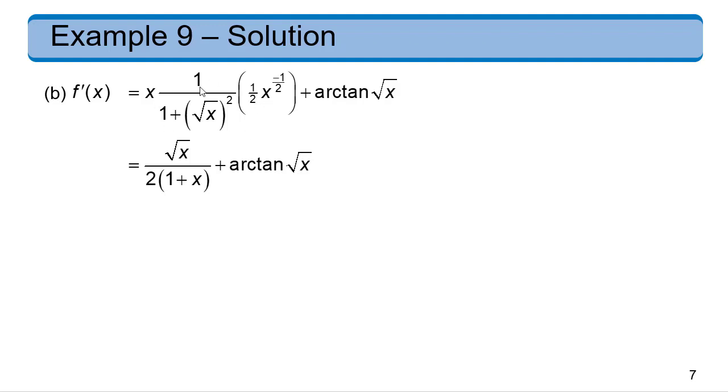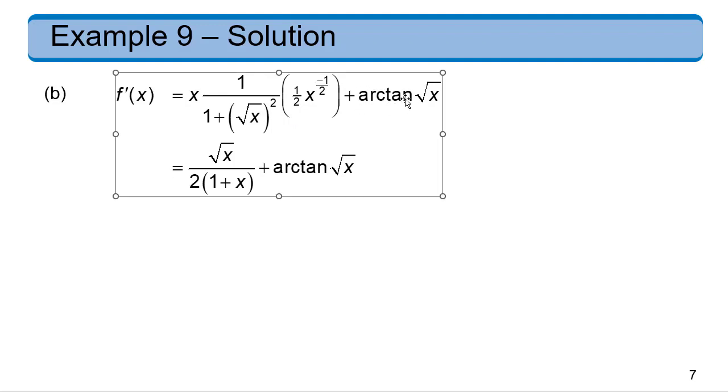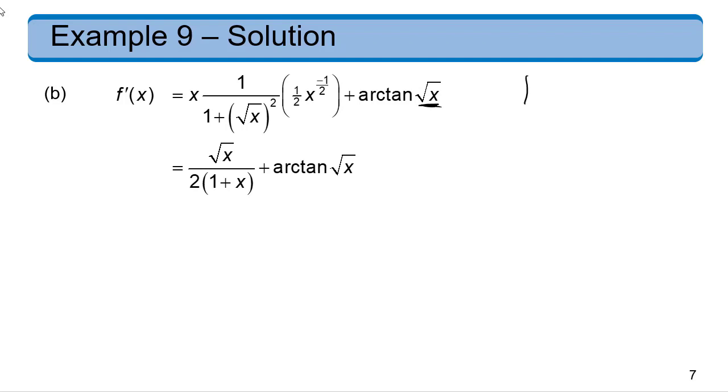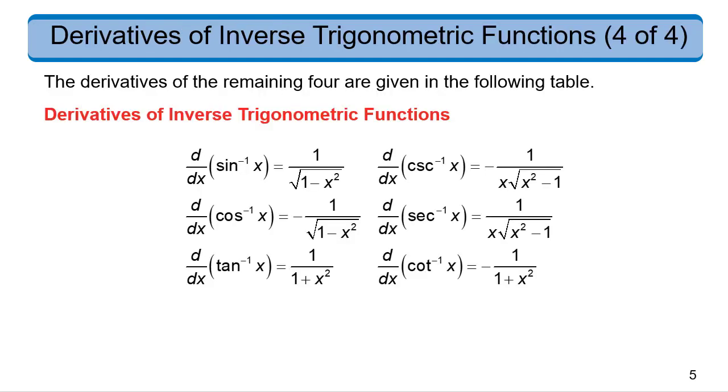Now you may notice some weird things going on in here, but you have to remember that we're taking the derivative of arctan of this square root of x. So it's kind of like thinking, okay, if we have tan inverse of a box, according to our formula over here, we get 1 over 1 plus the box squared.